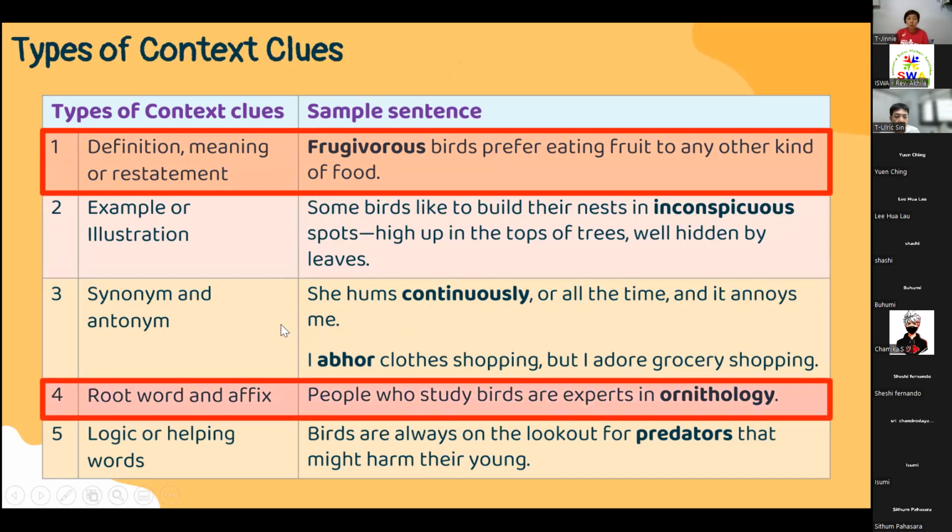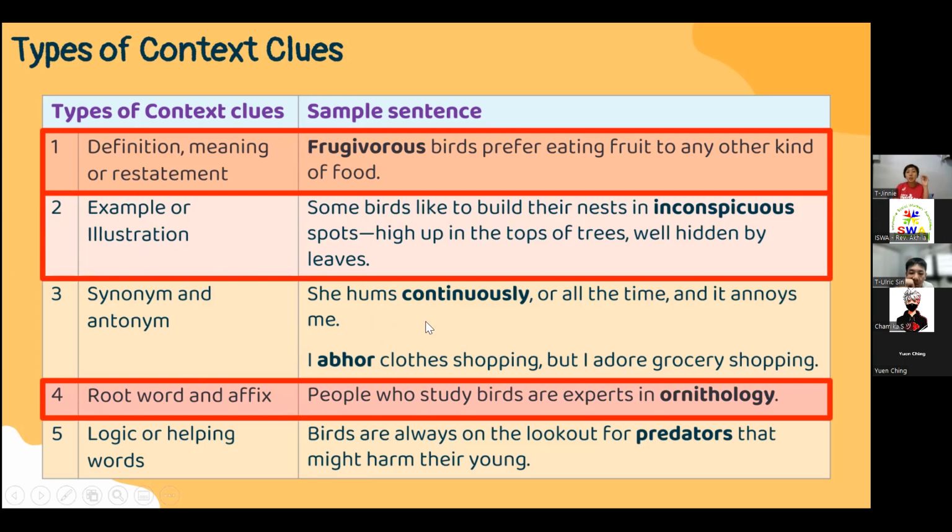We spent about two lessons on this, where we look at the parts of the words, put the meaning together, and guess the meaning of the vocabulary. And today we are going to go into the second one, which is example or illustration. Illustration does not refer to pictures. They are using words to describe the meaning.